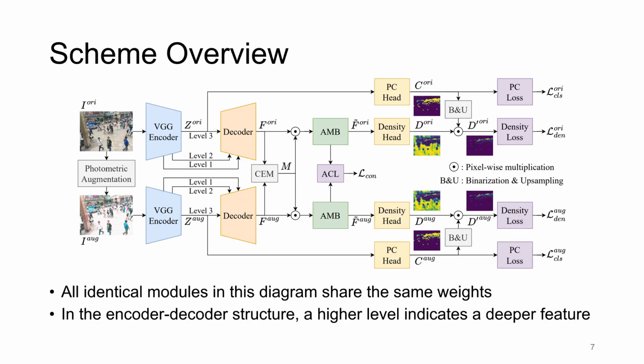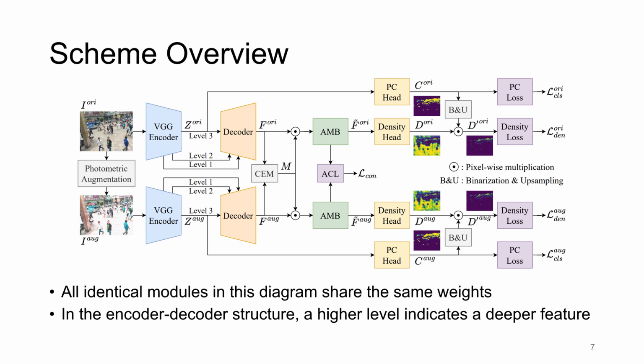So this is the overview of our MPCount. An image is first augmented so that we have two versions of images with the same content. They go to the VGG encoder and the decoder to form the feature, and the feature will go to the CEM to eliminate possible domain-related information.